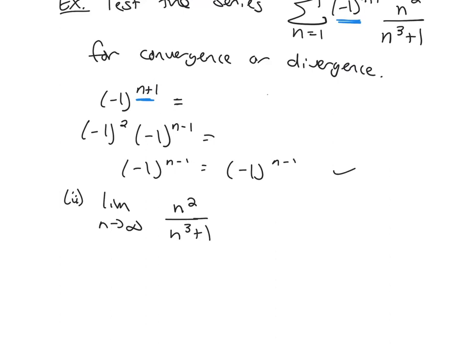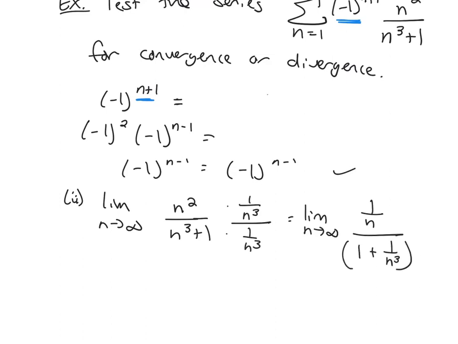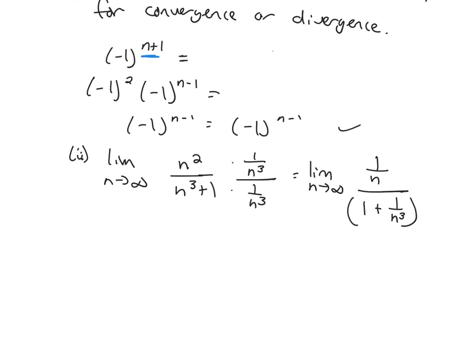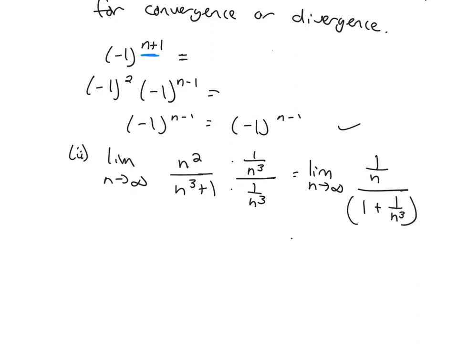So 3 is the largest, so I'm going to multiply top and bottom by 1 over n cubed. So you'll get 1 over n for the numerator, 1 plus 1 over n cubed for the denominator, and that limit is going to be 0 over 1 plus 0, so 0. That's good. I needed to get 0 to use the alternating series test.